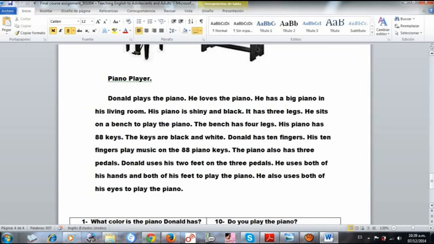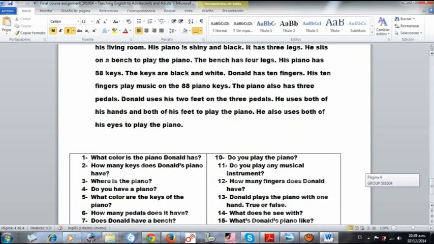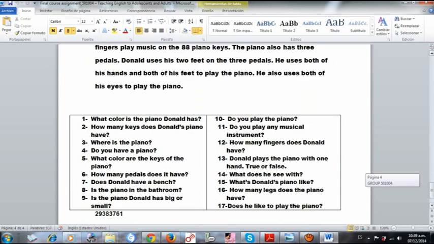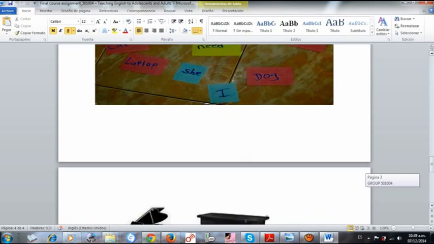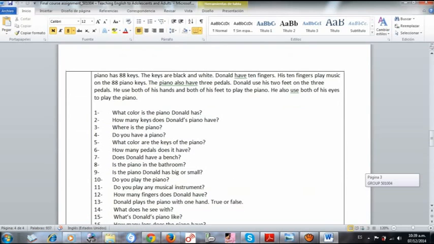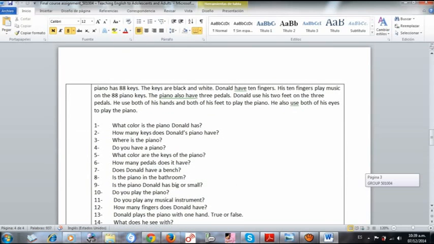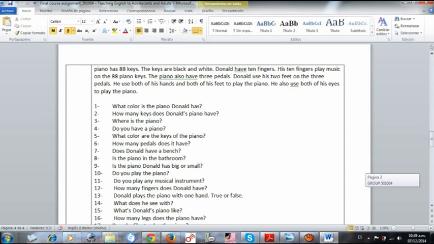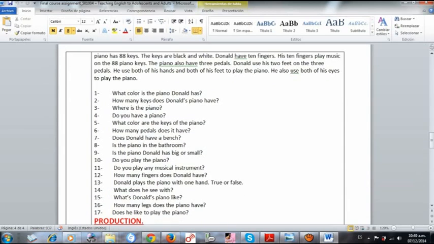Okay, that's the listening. And here are the questions the teacher is going to ask. After listening to the story, after giving the photocopy, they correct that, and they can reuse the questions asking each other during the activity, right?